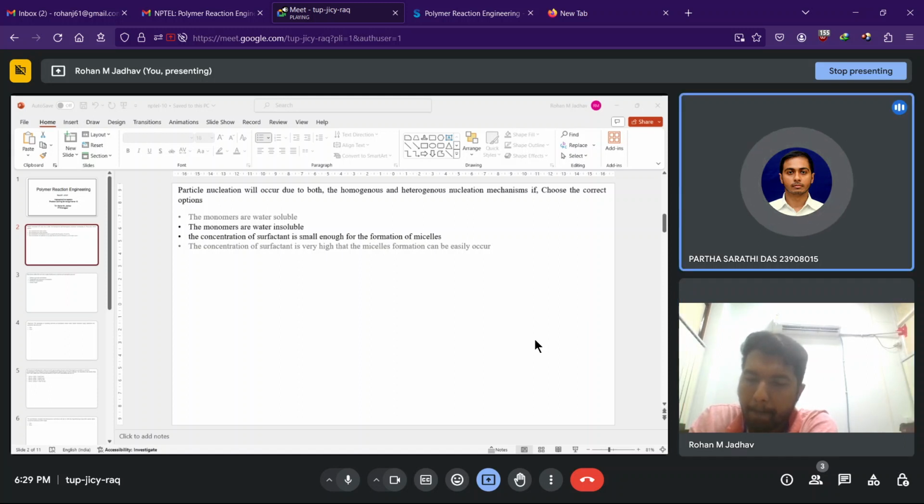Micelles form when there is a surfactant. The surfactant monomer gets in the micelles, this monomer gets trapped inside, and we add surfactant to untrap the monomers from the micelles.